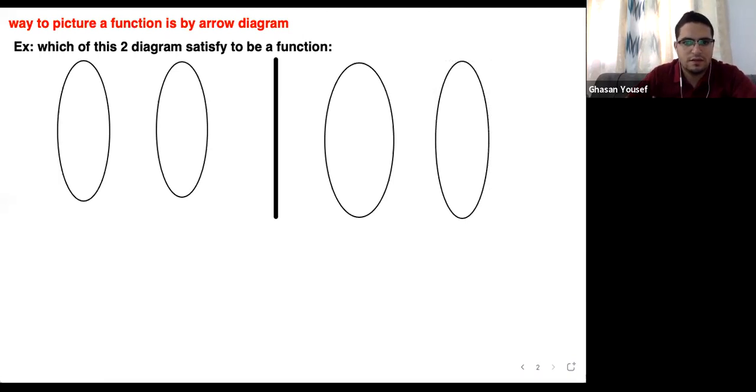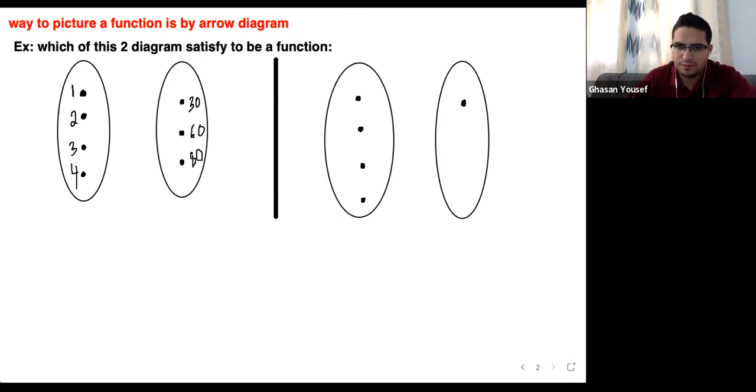So the first one has some values like this: here 1, 2, 3, 4, and here we have 30, 60, 80. And in the other one, we also have 1, 2, 3, 4, and here we have 30, 60, and 80.